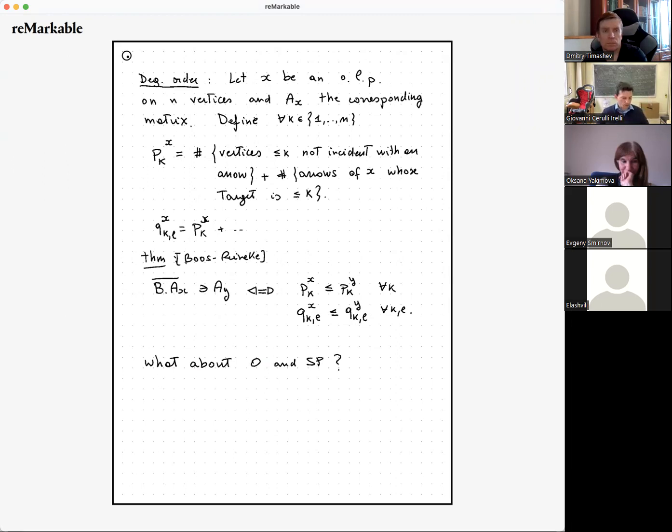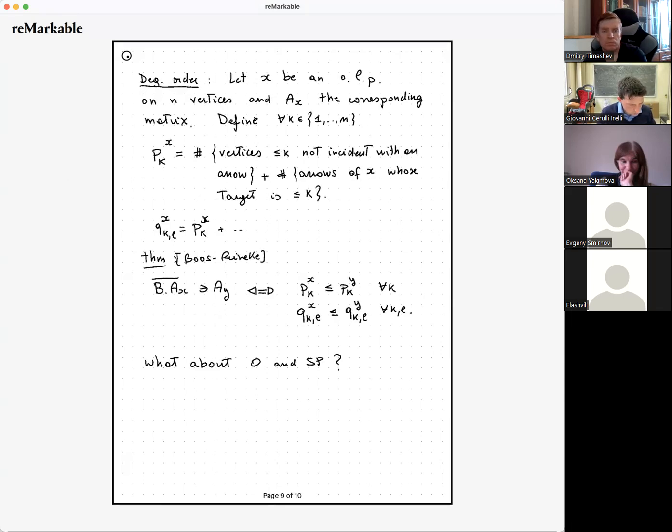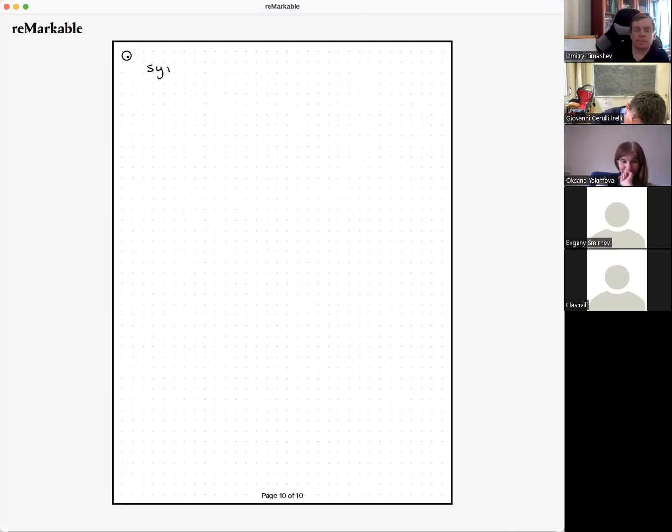So this is the question that Lena and I asked ourselves. And then we ended up with the following. Suppose now that, yes, symmetric representation varieties.